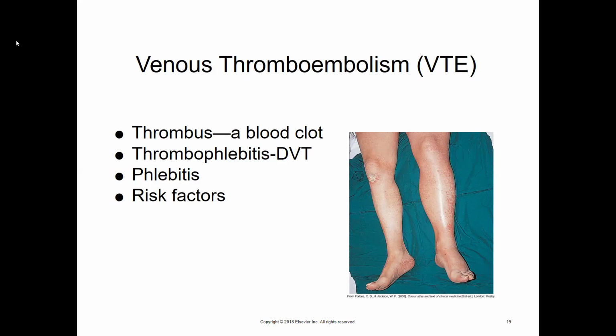Risk factors, a lot of times after surgery, patients are going to be more at risk, maybe after a hip surgery, total knee replacement. Patients that have heart failure are more likely to have a blood clot, immobility, pregnancy, oral contraceptives, and then possibly patients that have cancer.